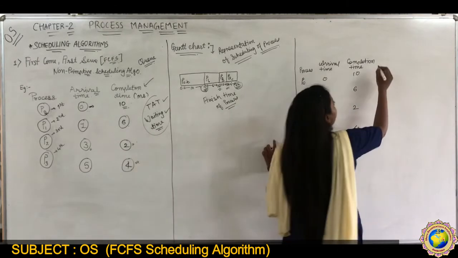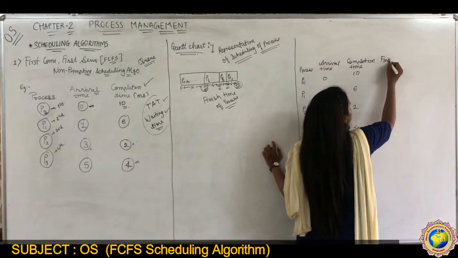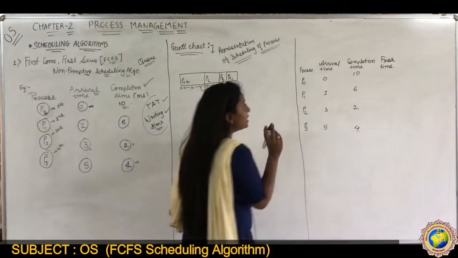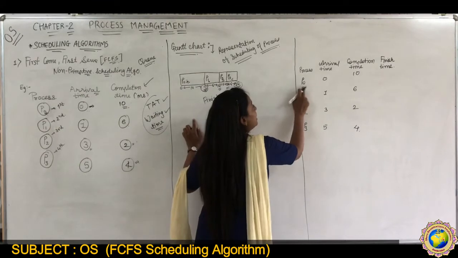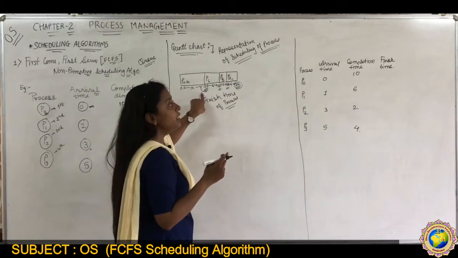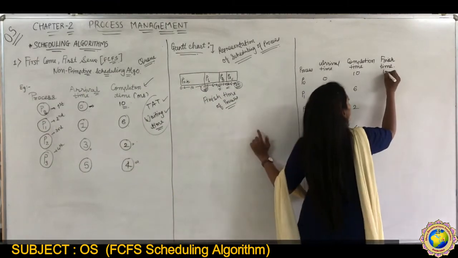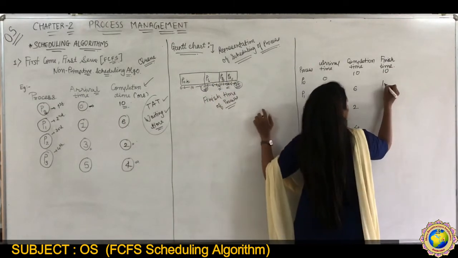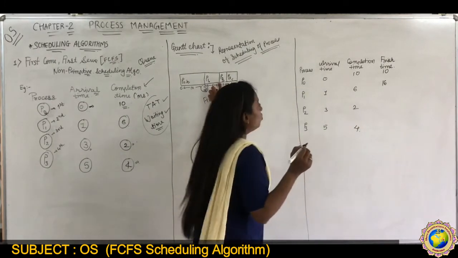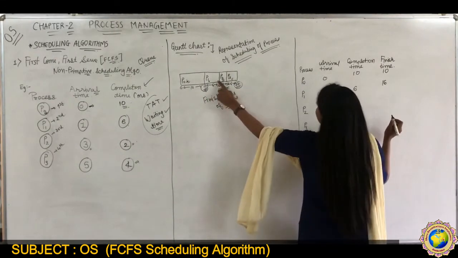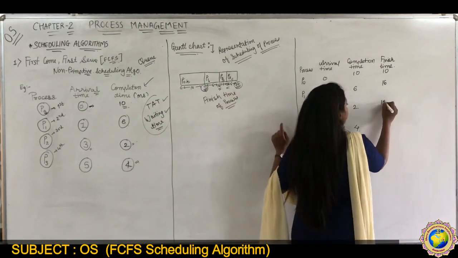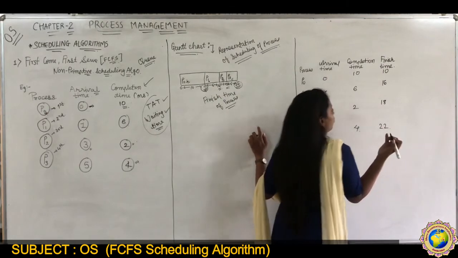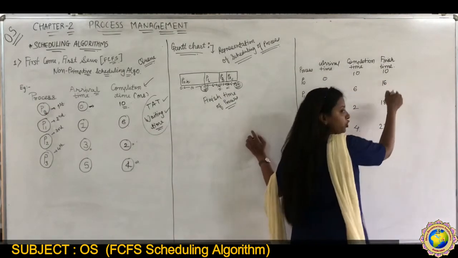Now we first find the finish time. As discussed, the finish time for P0 is 10, for P1 it is 16, for P2 it is 18, and for P3 it is 22. This is all about the finish time.